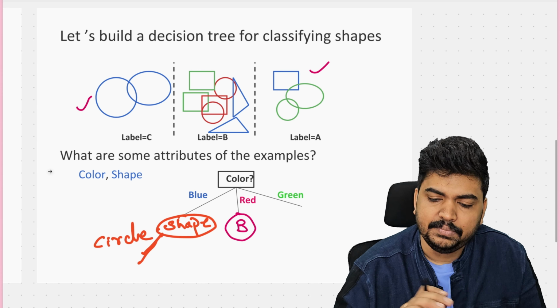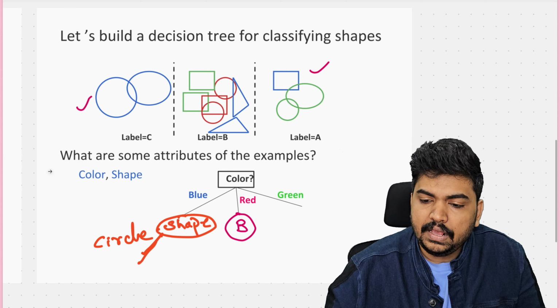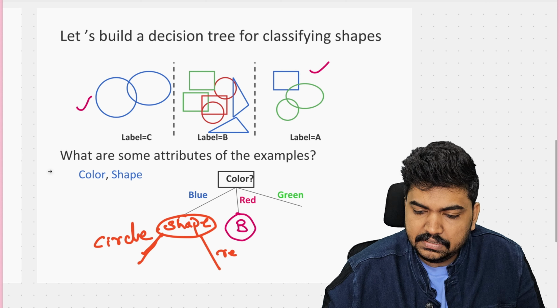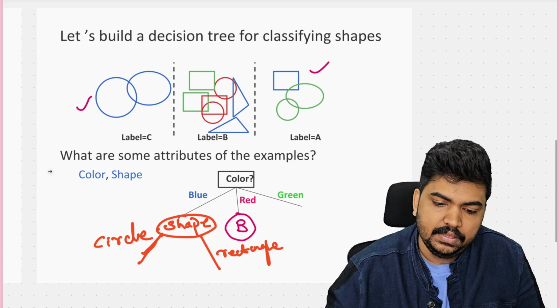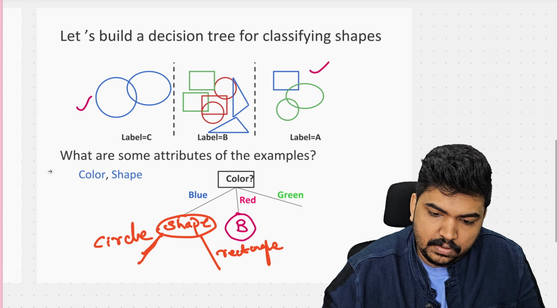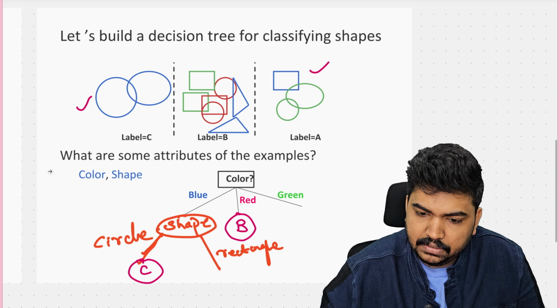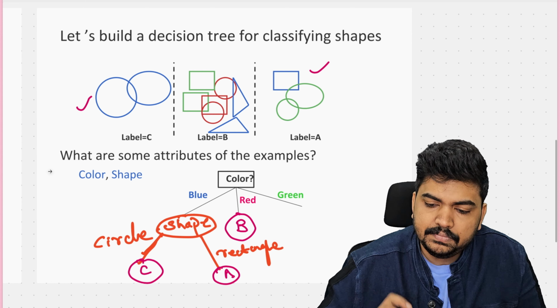It can be a circle or ellipse, it doesn't matter. And whenever it is a rectangle, it has been assigned label A. So I will say circle means C, rectangle means A.